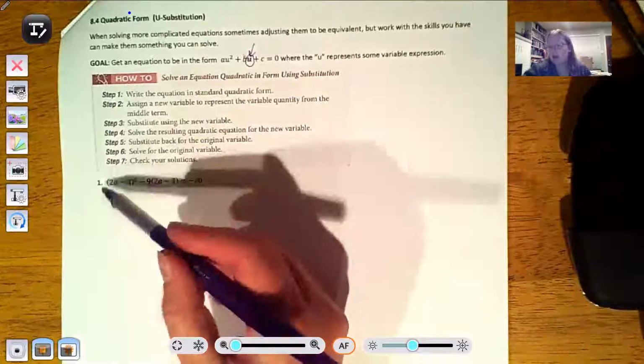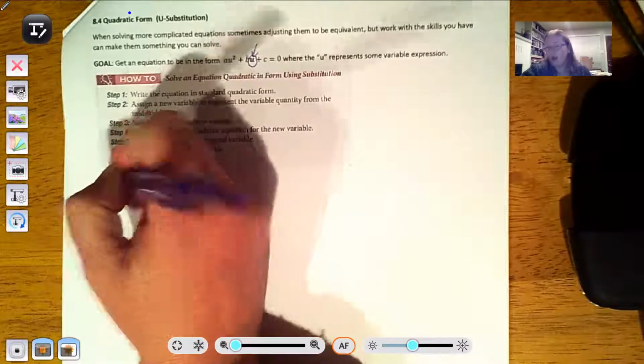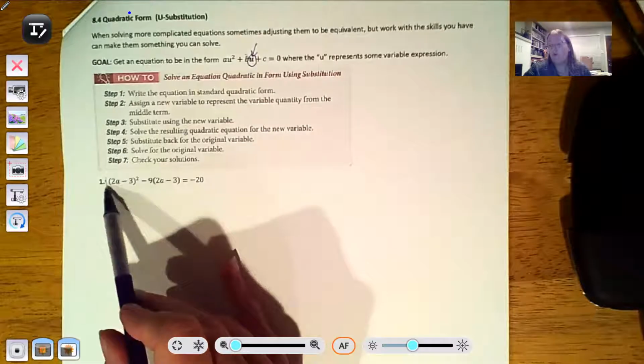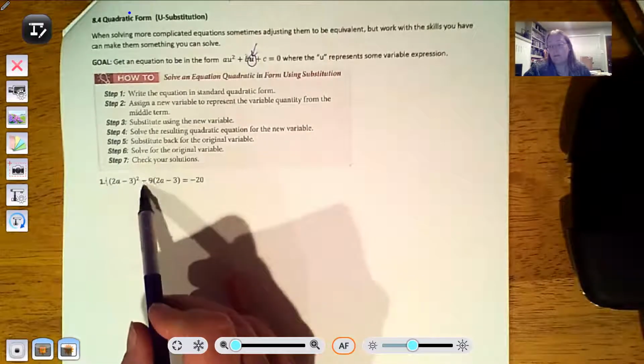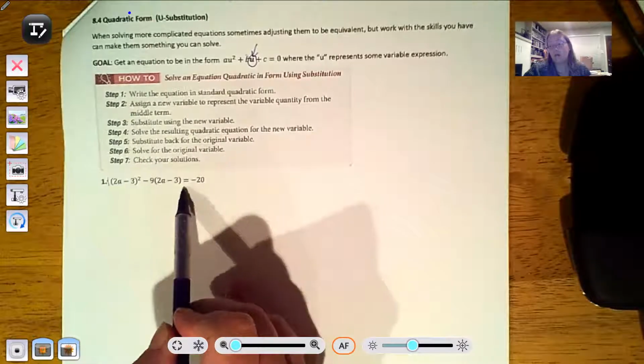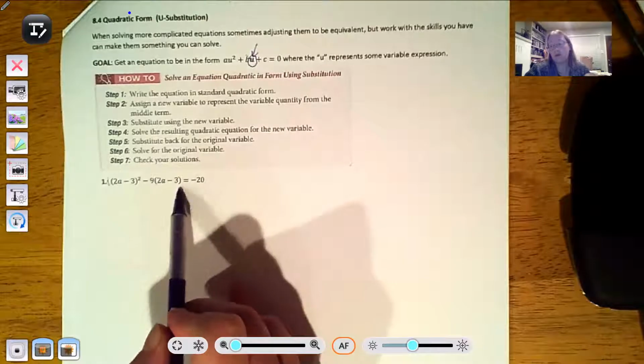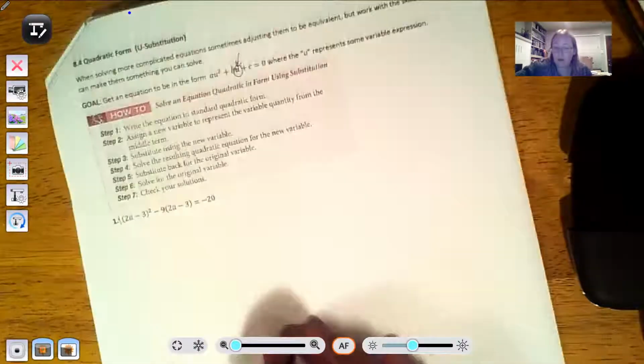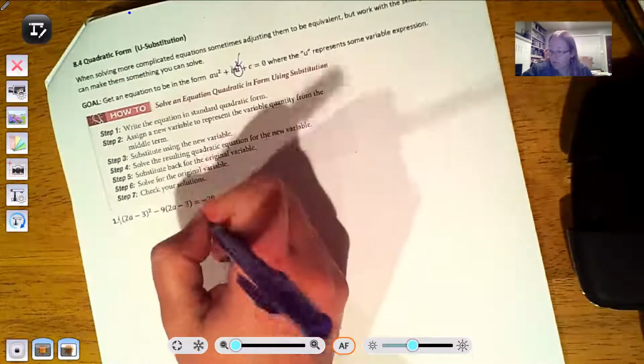So in this case, I have an invisible A, hopefully, U squared, plus BU plus C equals 0. So I first would want to get this to equal 0.